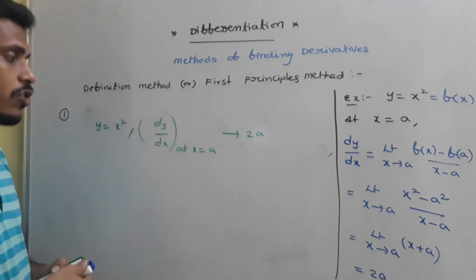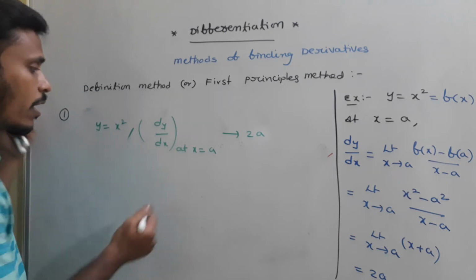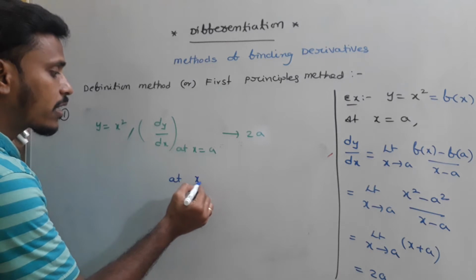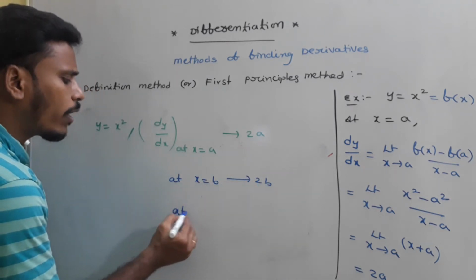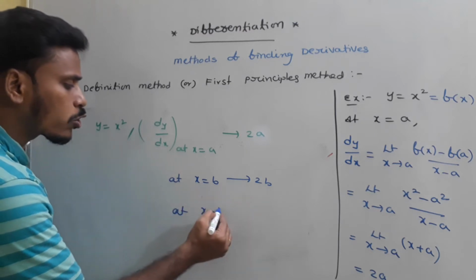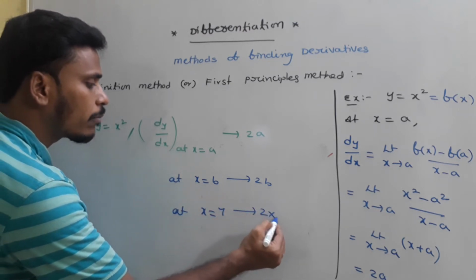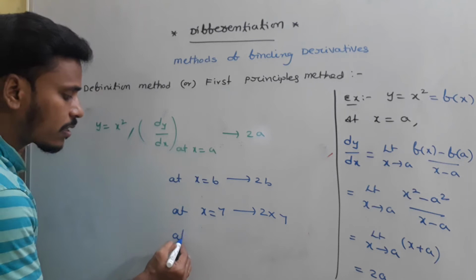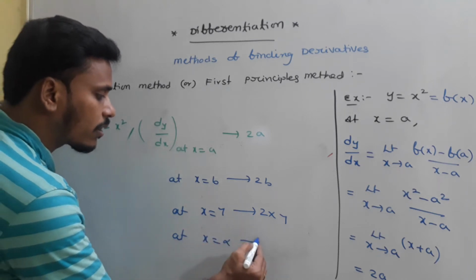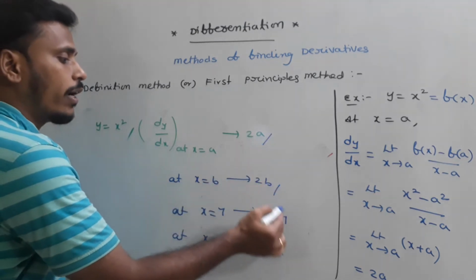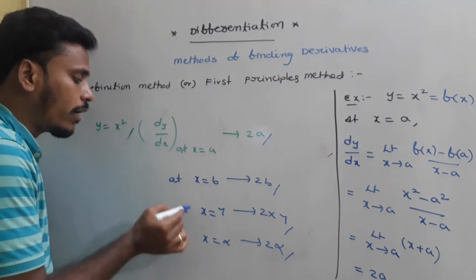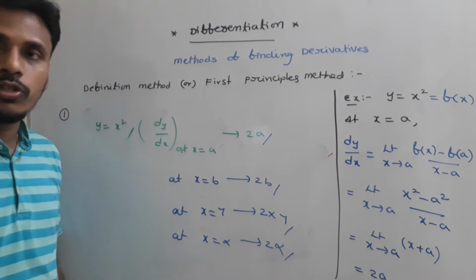Derivative of y at x is equals to b is 2b. Derivative of y at x is equals to 7 is simply 2 into 7. At x is equals to alpha it is 2 alpha. Just observe these derivatives. Depending on the point, the value of the derivative also changes.